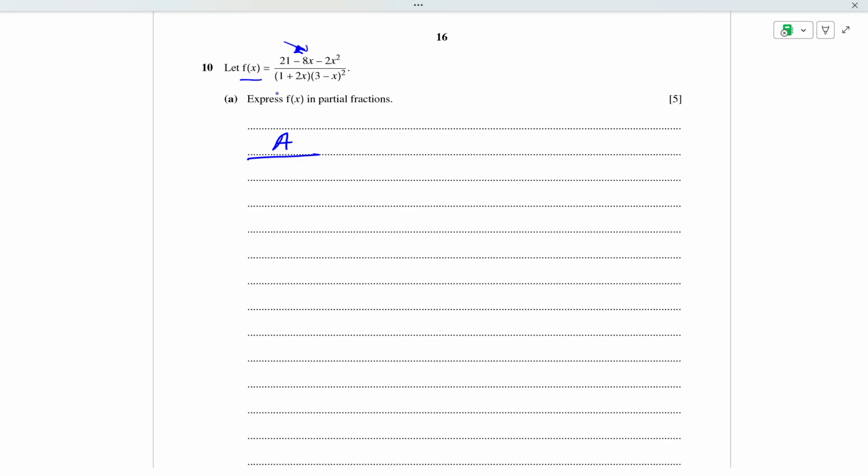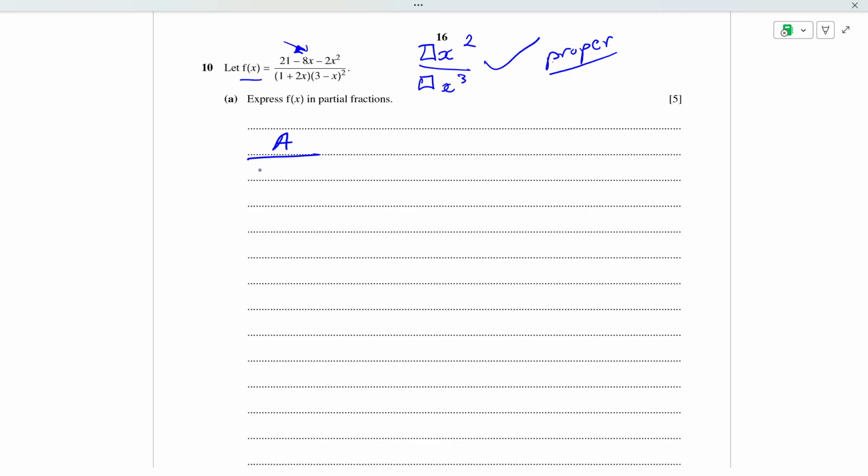As you can see, it's going to be a proper fraction because the highest power in the numerator is x squared, and the highest power in the denominator will be x cubed. So it's fine. It's proper. All right.